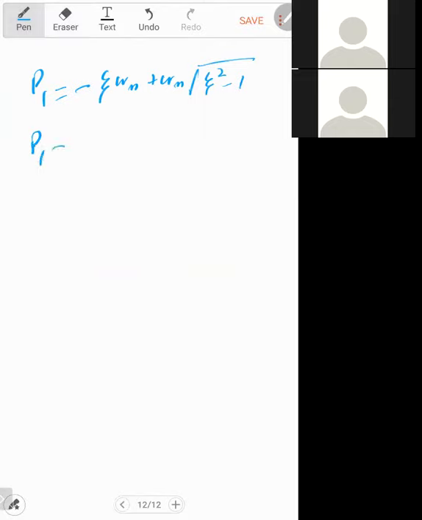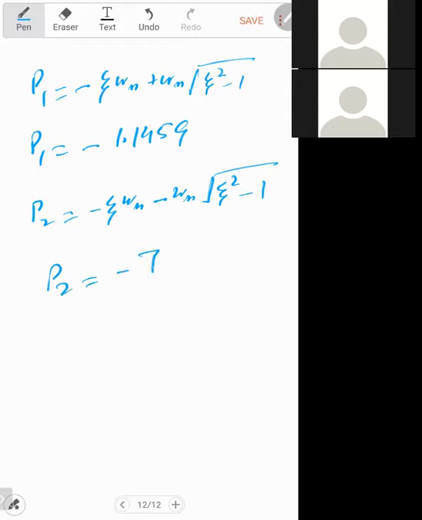So P1 will be equal to minus 1.1459, and similarly P2 will be equal to minus zeta omega n minus omega n square root of zeta square minus 1. So P2 will be equal to minus 7.8541. It's straightforward. The magnitude of P2 is greater than P1, so we can use the other solution also.